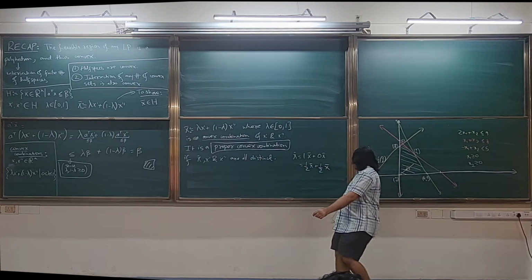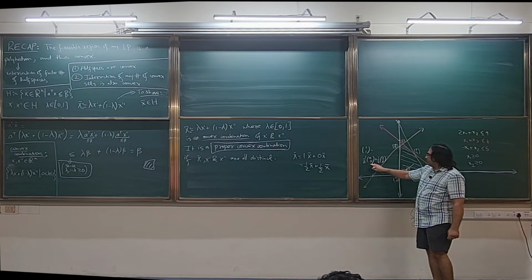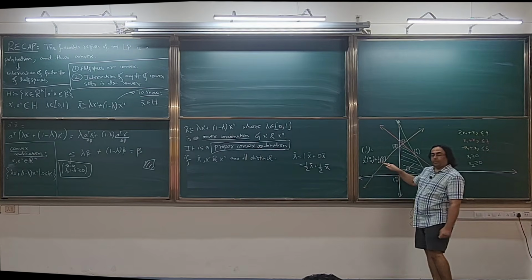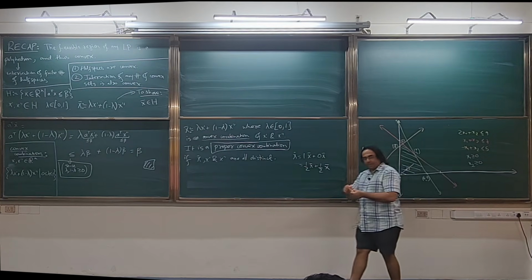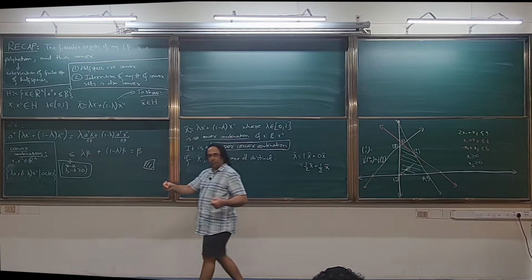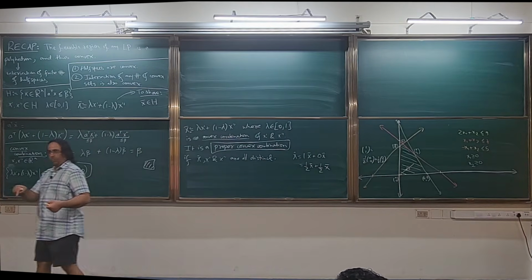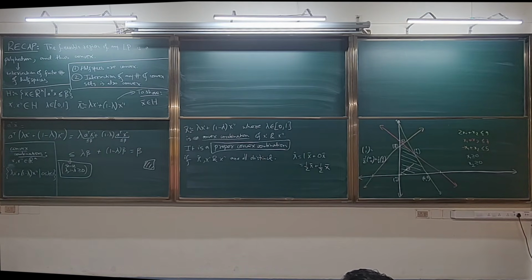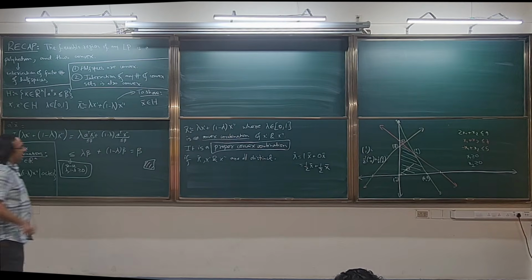Okay? So, when you say that something is a proper convex combination of 2 other points, it simply means that that point is on the line segment joining the other 2 points. And it's actually an interior point because the 3 points are distinct. Okay? So that's what proper is referring to.